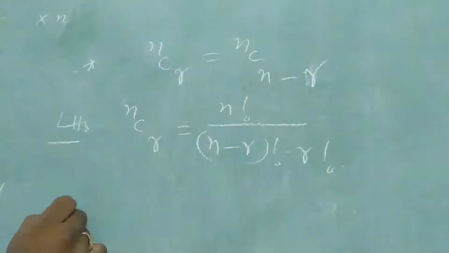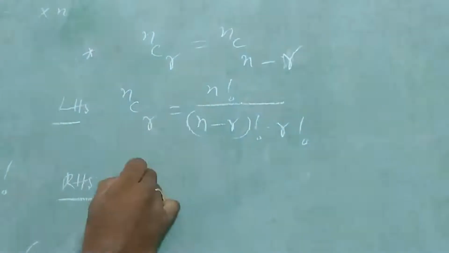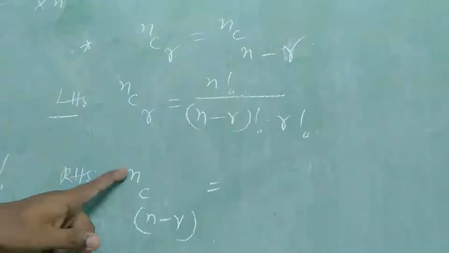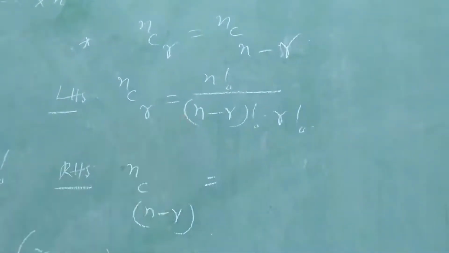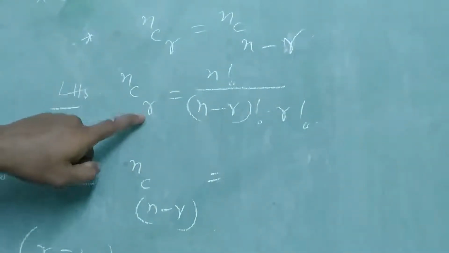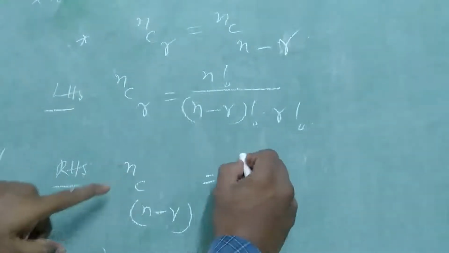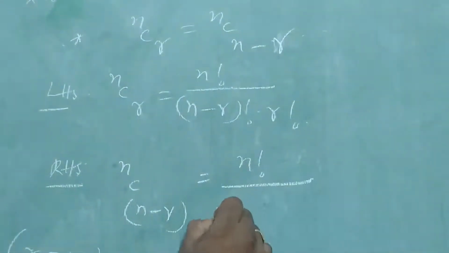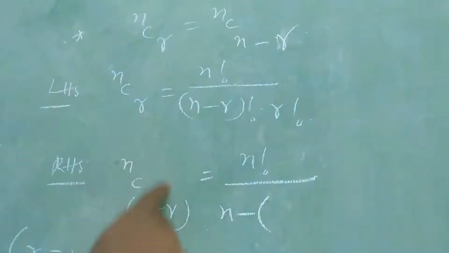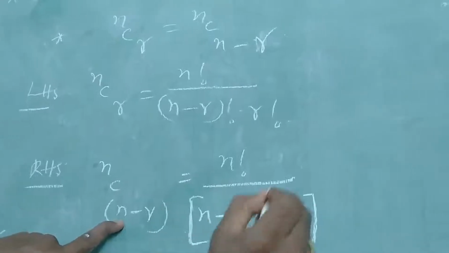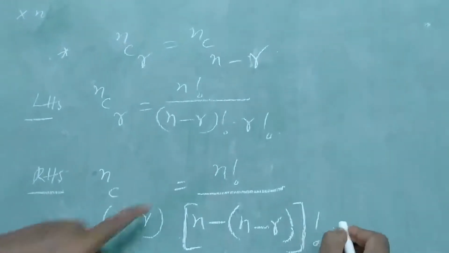Now take the RHS. RHS is nC(n minus r). Now substitute these values in this formula. Here n is equal to n, r is equal to n minus r. So in the formula, n factorial by (n minus of (n minus r)) factorial into r factorial.